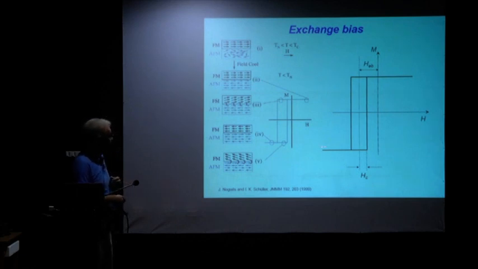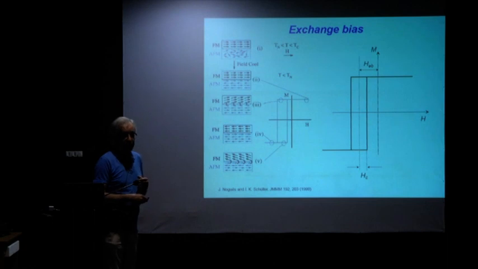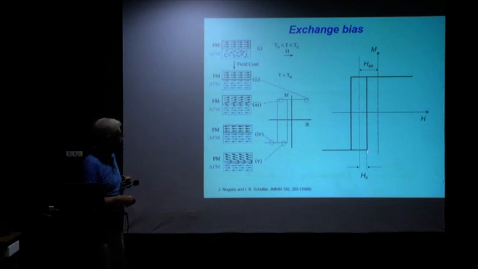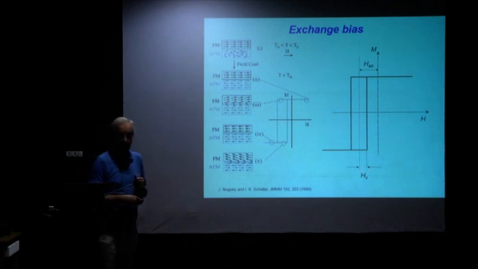Now, what does this mean? When we observe a shift like this, what do we understand from this? The width of the hysteresis loop tells us what the coercive field is. That hasn't changed. So half the width of the magnetization loop is the coercive field.